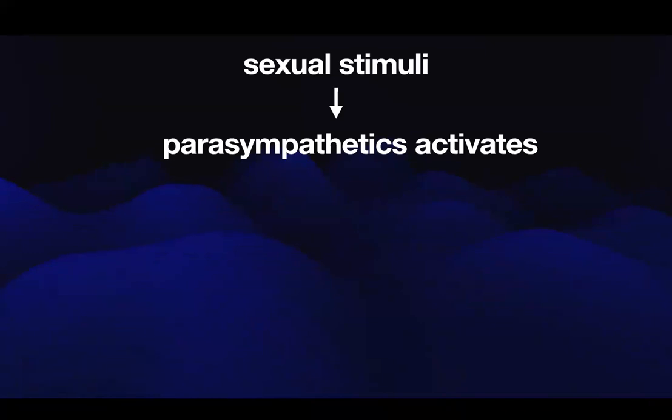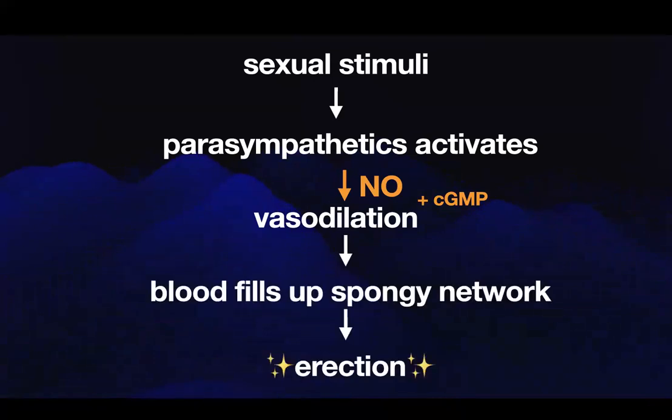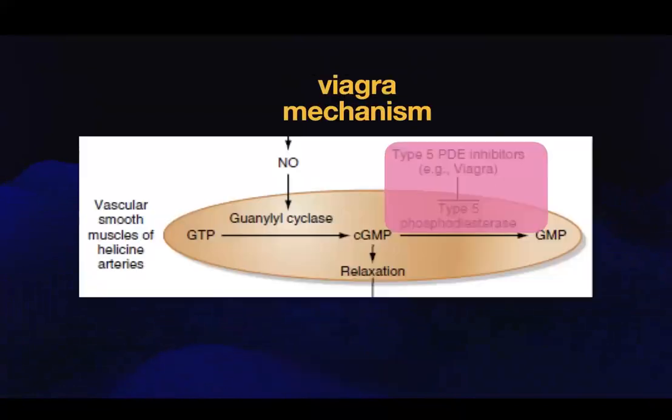That's going to be a mechanical disadvantage. So it is one of the rest and digest pathways. The parasympathetics will release nitric oxide. Nitric oxide is another dilator. It will increase the amount of cGMP within smooth muscle. And we said cGMP is a vasodilator. So you have a lot of blood filling up the spongy network, and boom, you have an erection.